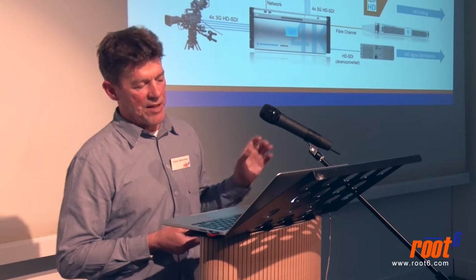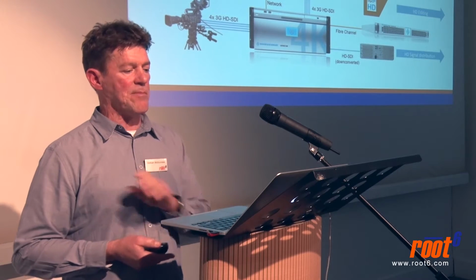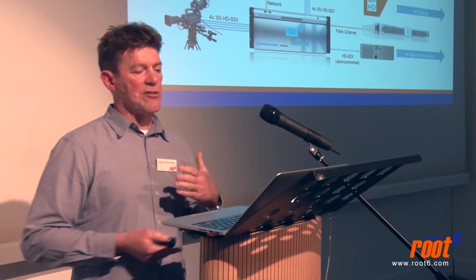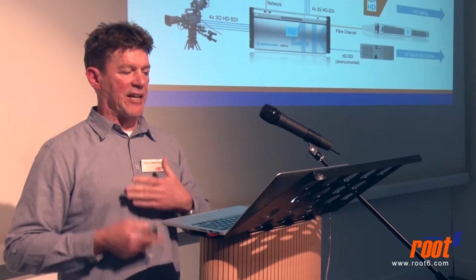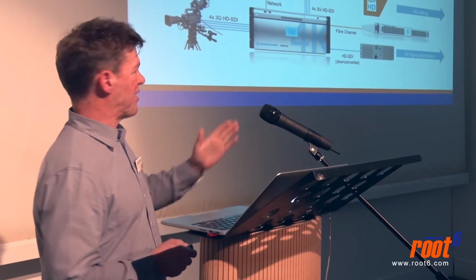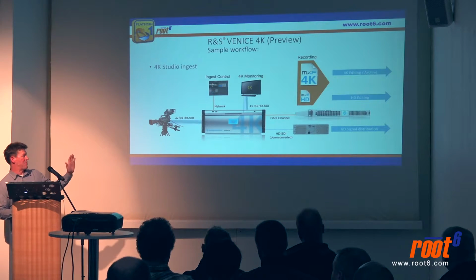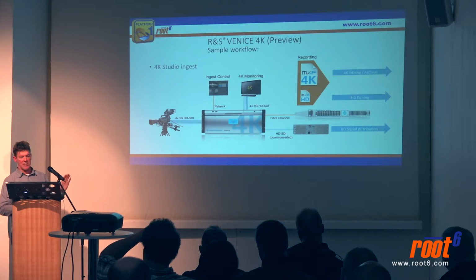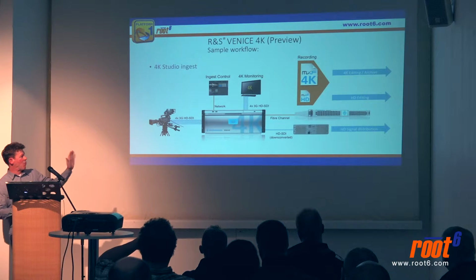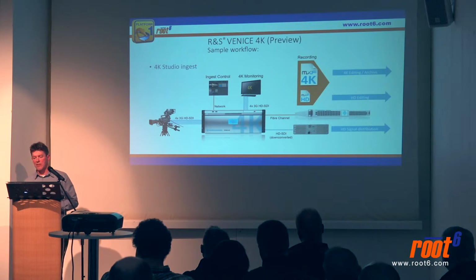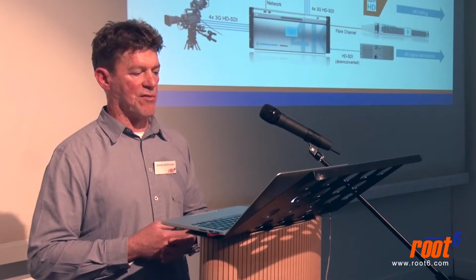But really, one of their very big aims is to shorten the time between the file going into record and editorial actually getting to that content. As you can see in the diagram, we effectively have two files being made. The HD is worked on in the editorial process, and in terms of 4K, we can either link back to that or send it off to the archive and restore that later.